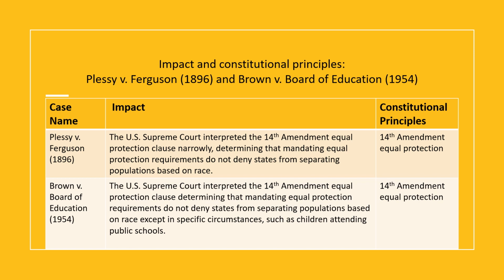So by the state requiring that there be separate facilities, the Supreme Court decided that these facilities were not equal. However, the decision only applies to children in public schools. So Brown versus Board of Education was also a 14th Amendment equal protection case.